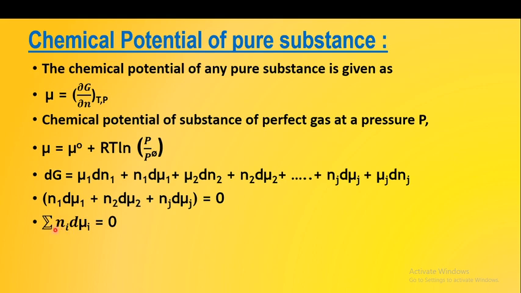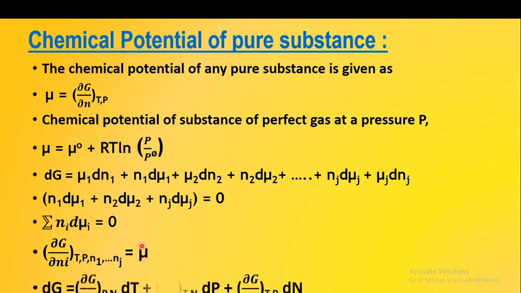Therefore, we can write dG upon dni, the change in Gibbs free energy to the change in number of moles, at constant temperature, pressure and number of moles nj, is equal to mu, the chemical potential.